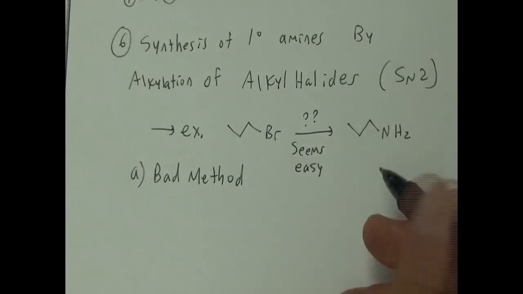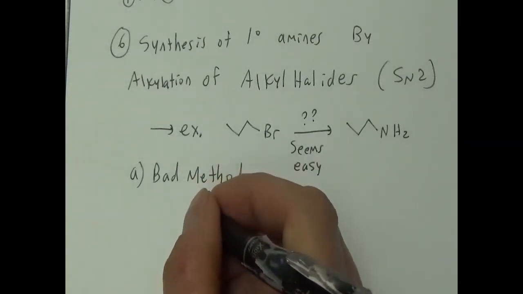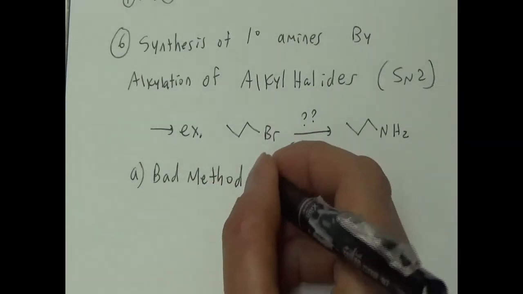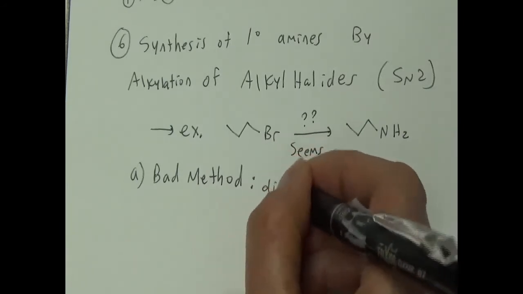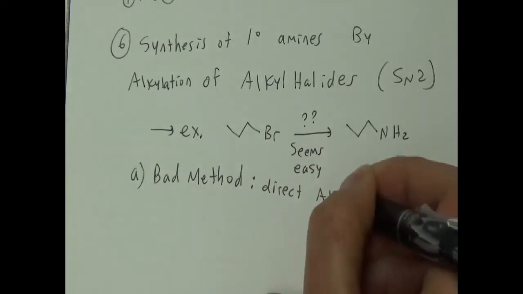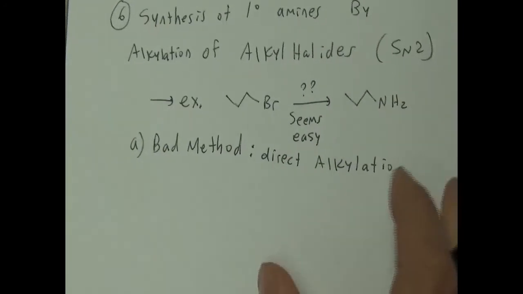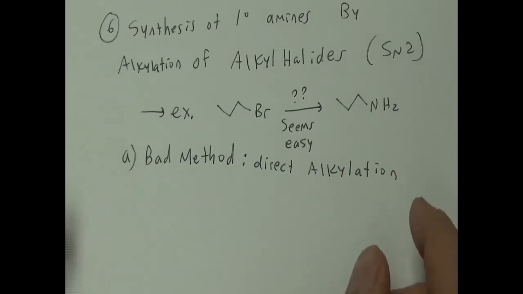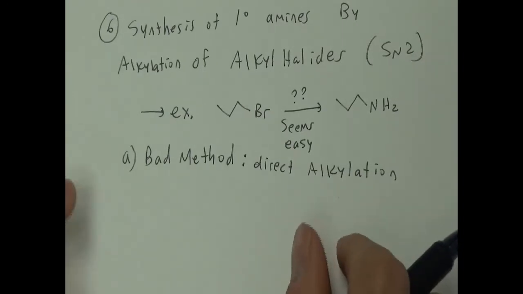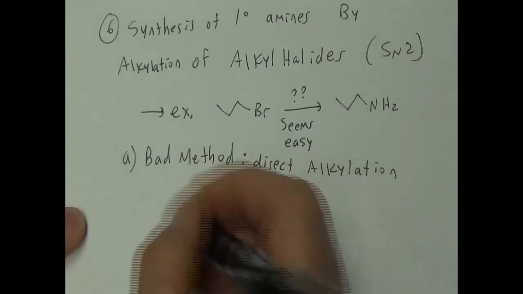That seems like a logical method, but it's a bad method. We're going to call this direct alkylation. So let's show the bad method, and we'll probably get into the good methods next lecture, maybe a little bit this lecture.